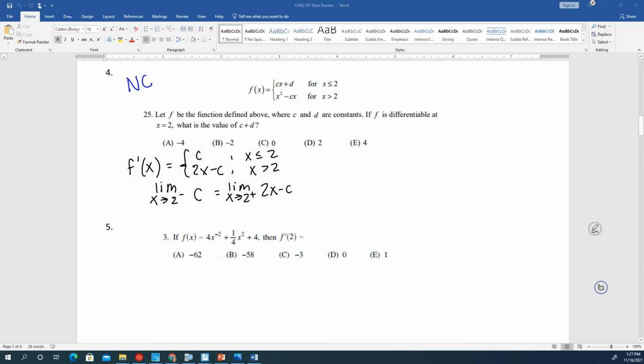We know this because they told us it was differentiable, so we know their slopes are the same at that point. And the reason you want to do this, anytime you see a piecewise function, is you're usually looking at left and right hand limits. All right, so you can solve for c by plugging 2 in for x on that other side. So you get 2c equals 4. c is 2.